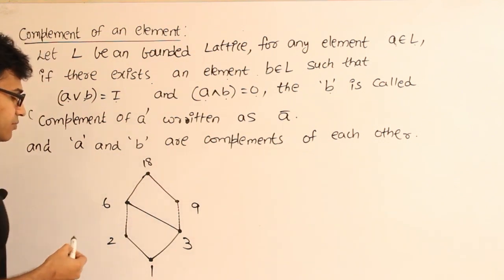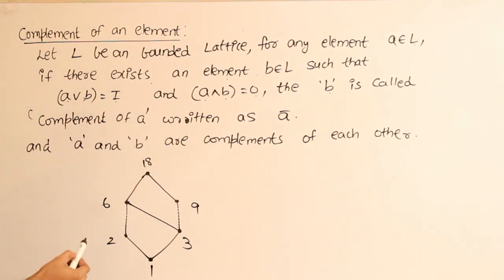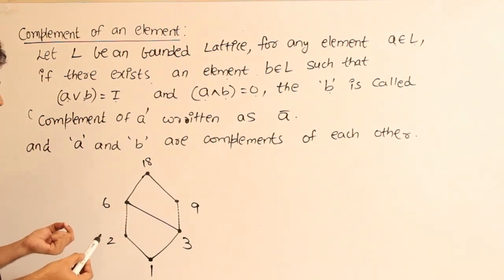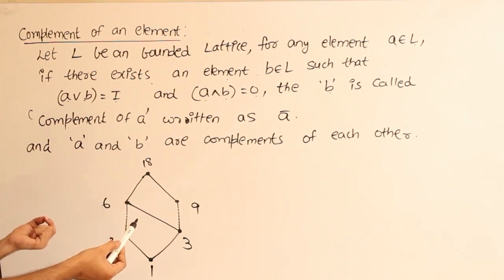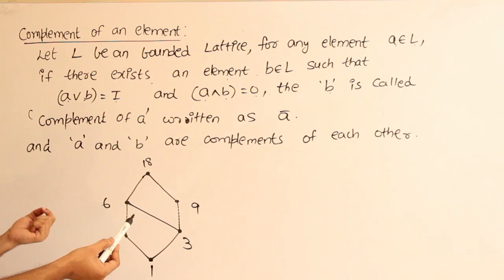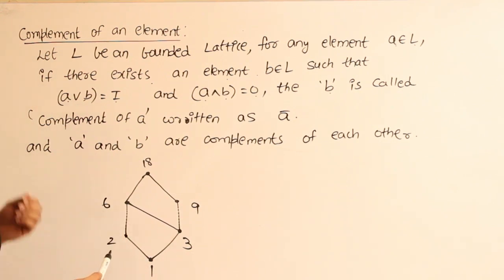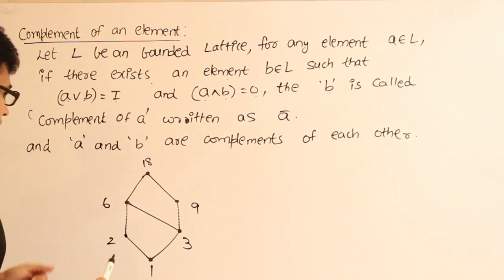Now this is a bounded lattice. Now the complement is, if you take an element and some other element and apply the meet, then it should give you... I'm not sure whether this is a proper example which I wanted to depict. Let me take one more example.